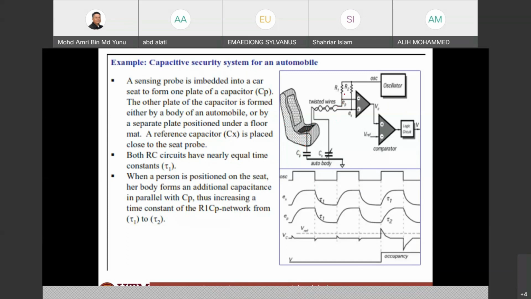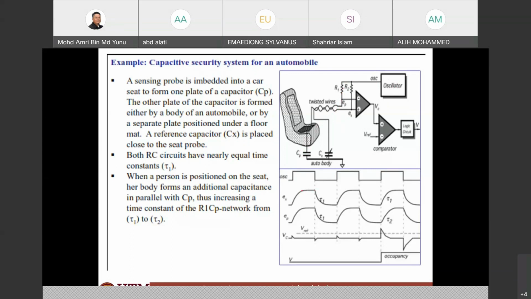So in this application, it uses an oscillator to drive the RC circuit, whereas CP is connected to the RC circuit. You can see the main oscillation supply pulse. In an RC circuit, there will be a transient response before it reaches the final value.